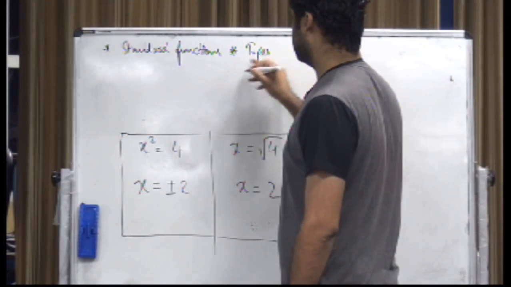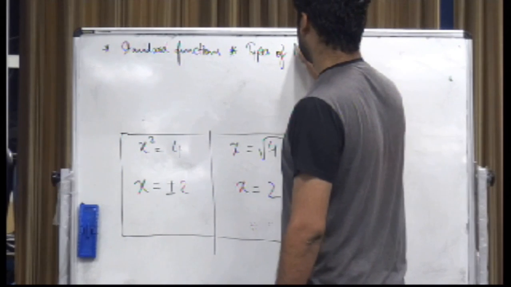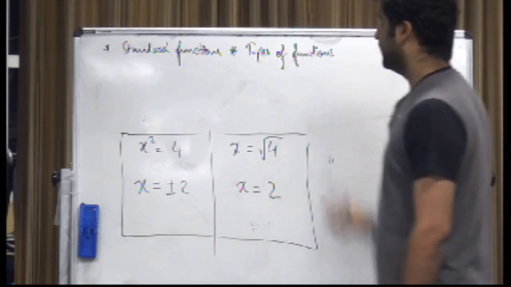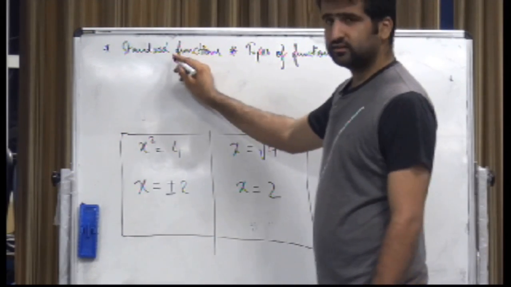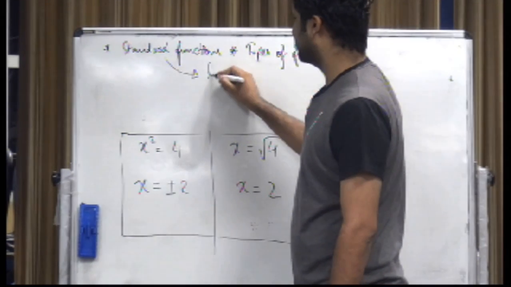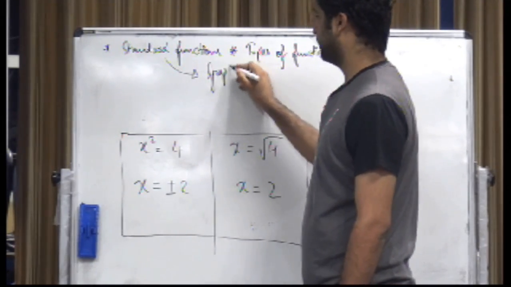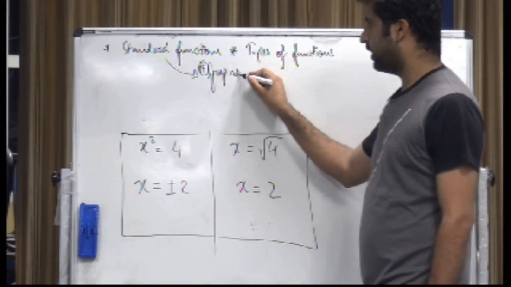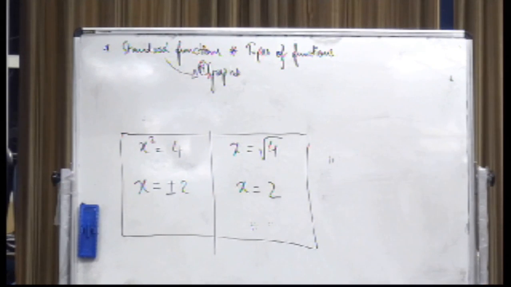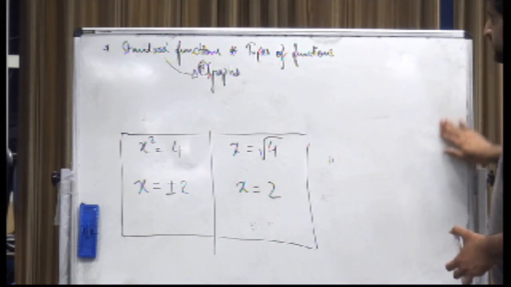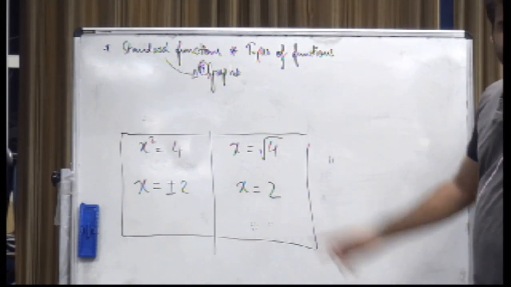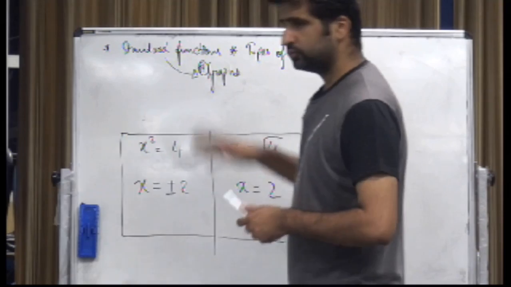So this is a vast topic, types of functions. And while studying the standard functions, we also have to study the graphs. This is very important. So you should know how to make the graphs for functions. So let's start with some standard functions. Just write this down. These are the two topics which we need to cover.